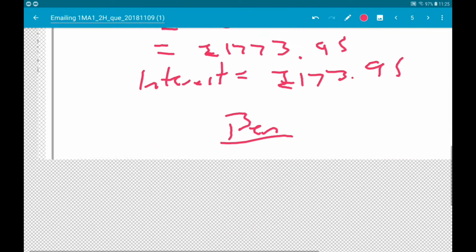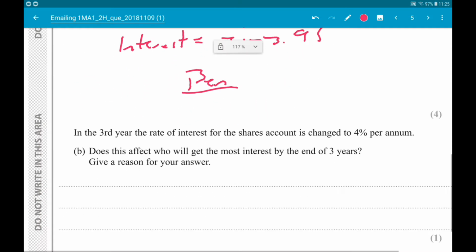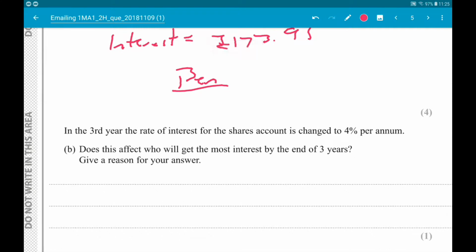Cool. Okay, then for part B, we are told that in the 3rd year, the rate of interest for the shares account is changed to 4% per annum, so it's increased. Does this affect who will get the most interest by the end of 3 years?